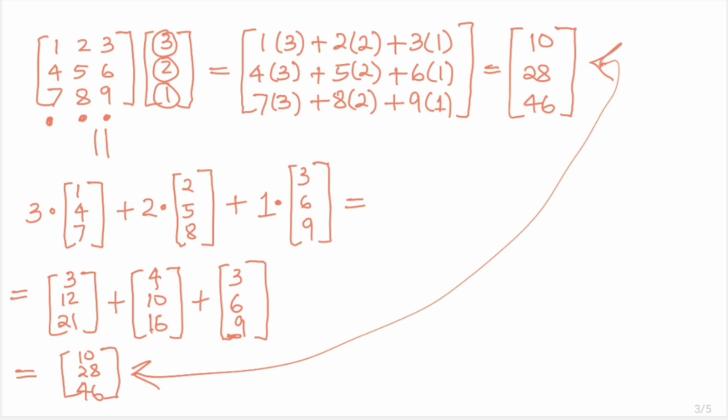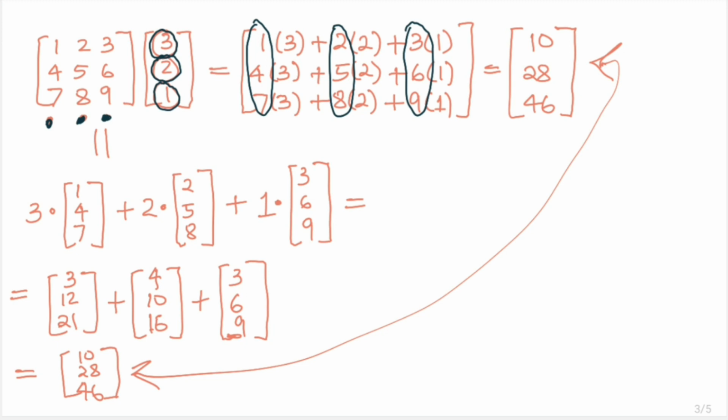It shows us that we have this 1, 4, 7, which comes from this matrix, and it's being multiplied by 3, and that 3 comes from this vector. Then we have 2, 5, 8, which is the second column of the matrix, which is being multiplied by the second component of the vector. And then we have this 3, 6, 9, the third column, being multiplied by 1, which is the third component.